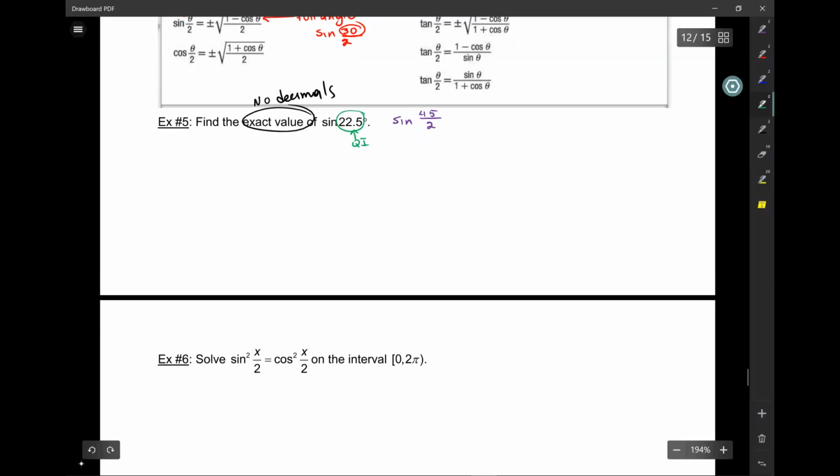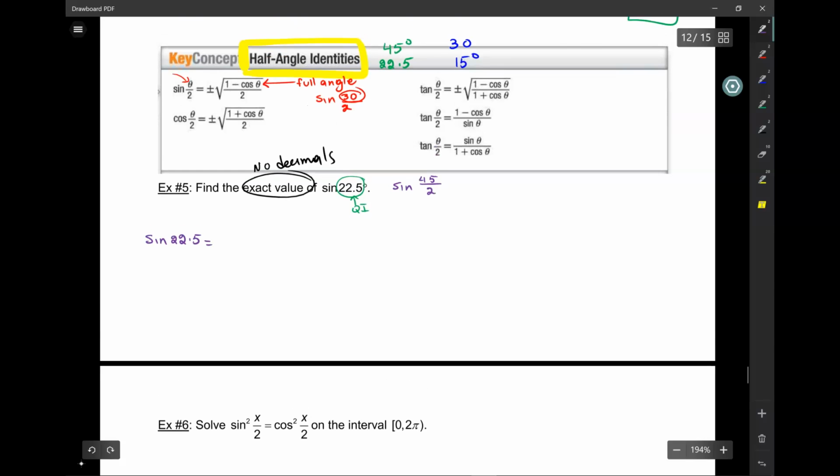Okay. So, what I need to find is sine of 22.5, right? Okay. I'm going to use a half angle identity for sine. I'm going to use that one. The identity says this is equal to plus or minus the square root of 1 minus cosine of theta, and we said theta was the full angle of 45.